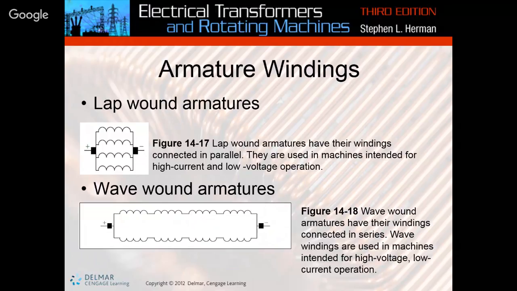So wave wound armatures have their windings connected in series. Wave windings are used in machines intended for high voltage and low current operations. So when we're talking DC, okay, this isn't the same in AC, but when we're talking DC, we have different things doing different things. When we're talking torque, so how strong the motor can spin or what amount of load it can pull, we're talking current.